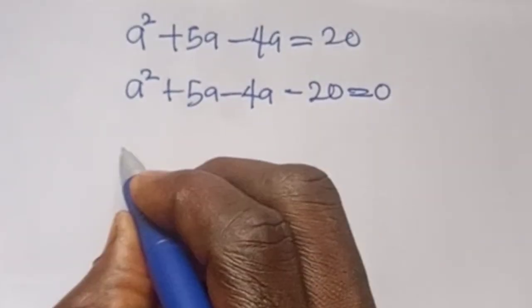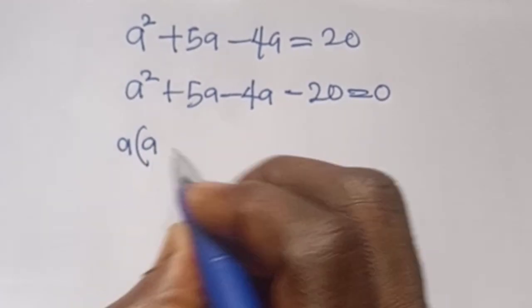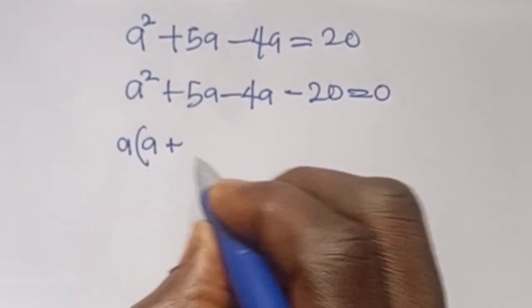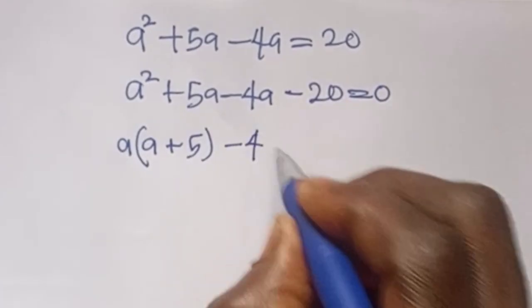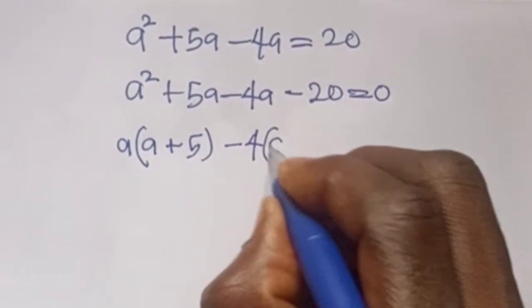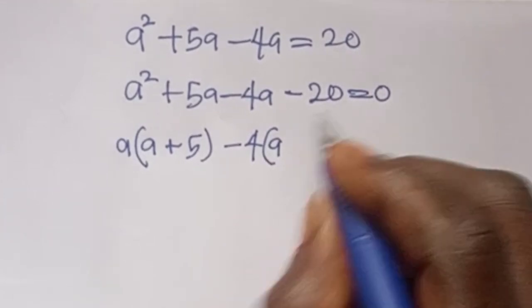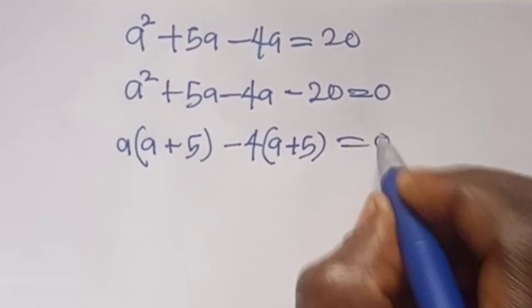So from here, what is common is a squared divided by a is a, plus 5a divided by a, that will be 5. And here what is common is minus 4, open a bracket, minus 4a divided by minus 4, what is left is a, and minus 20 divided by minus 4, that is plus 5. Everything equals 0.